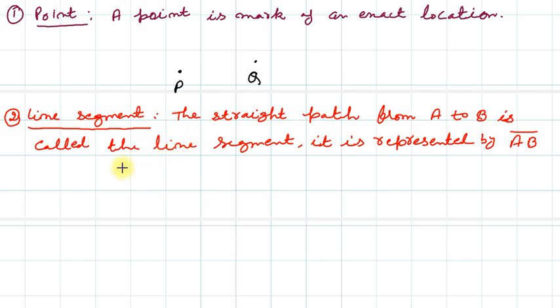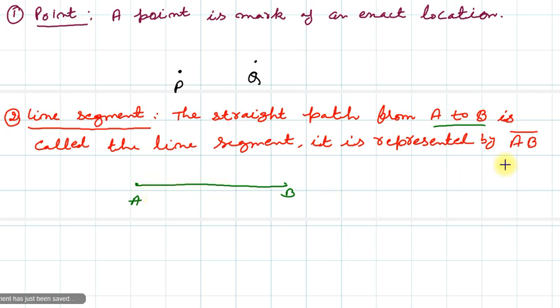So how can I represent it on paper? I have said a straight path from A to B. Suppose this is A, this is B, right? So this straight path from A to B is called a line segment.